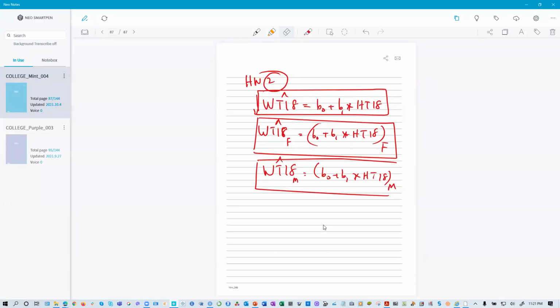Interaction means, for the common formula, WT18 = B0 + B1 HT18, plus you're going to have a term, see, the gender times HT18, the interaction term. That term we don't have if you have parallel lines.